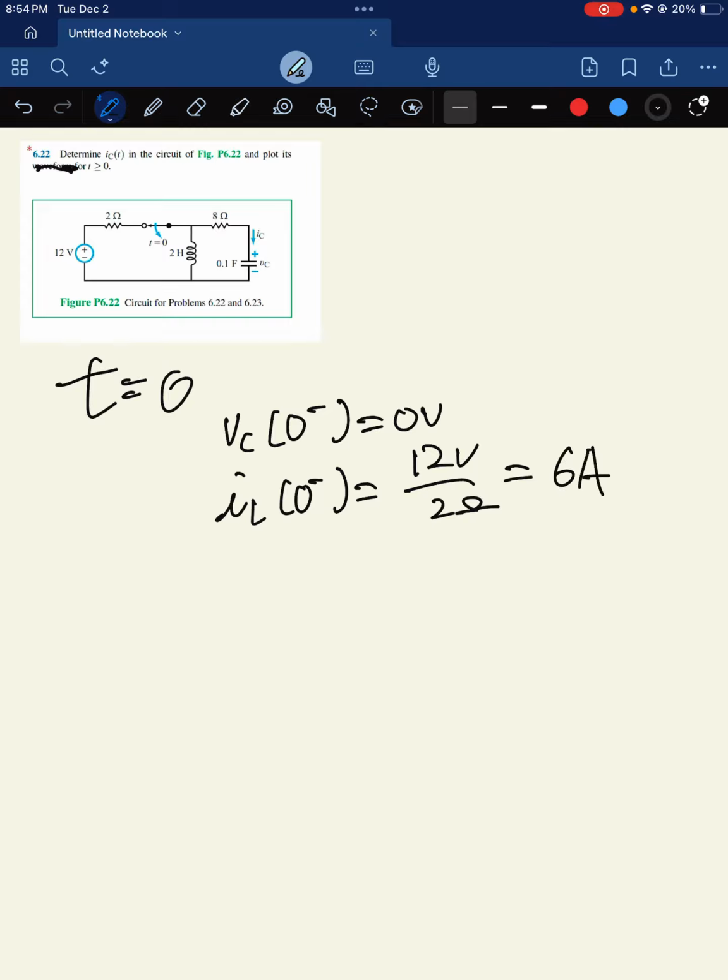All right, so t minus. At t equals 0 plus, continuity applies. The voltage of a capacitor cannot jump. Current through an inductor cannot jump either.